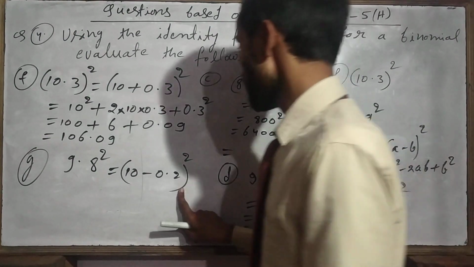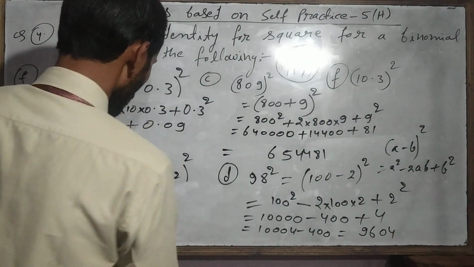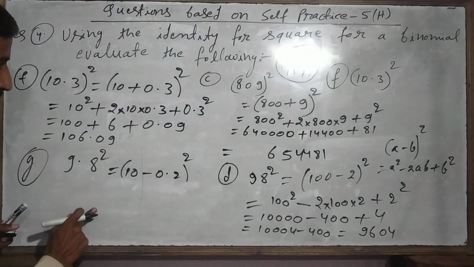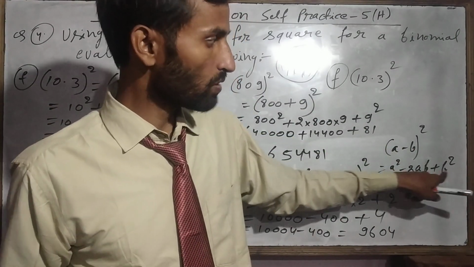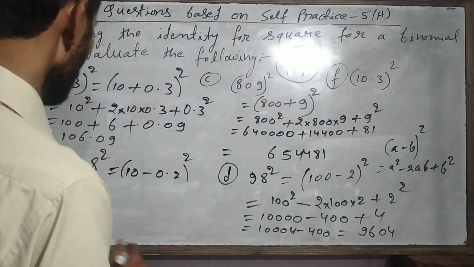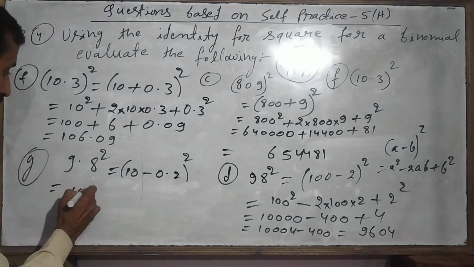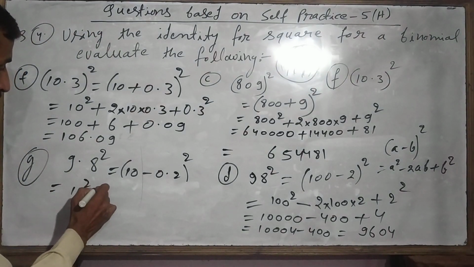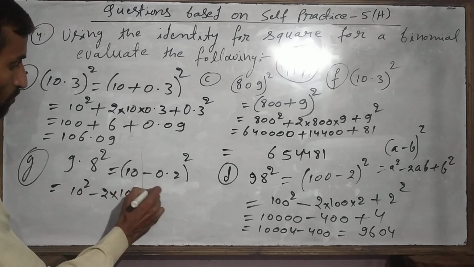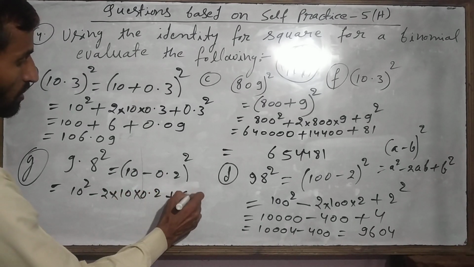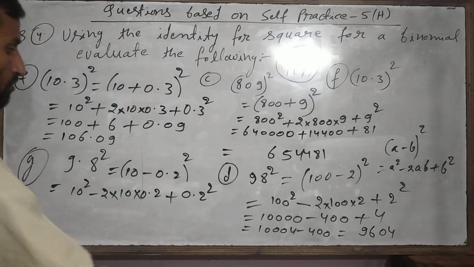So a minus b whole square. Again we will put here this formula: a minus b whole square, a square minus 2ab plus b square. So a square means 10 square minus 2 into a into b 0.2 plus b square means 0.2 square.